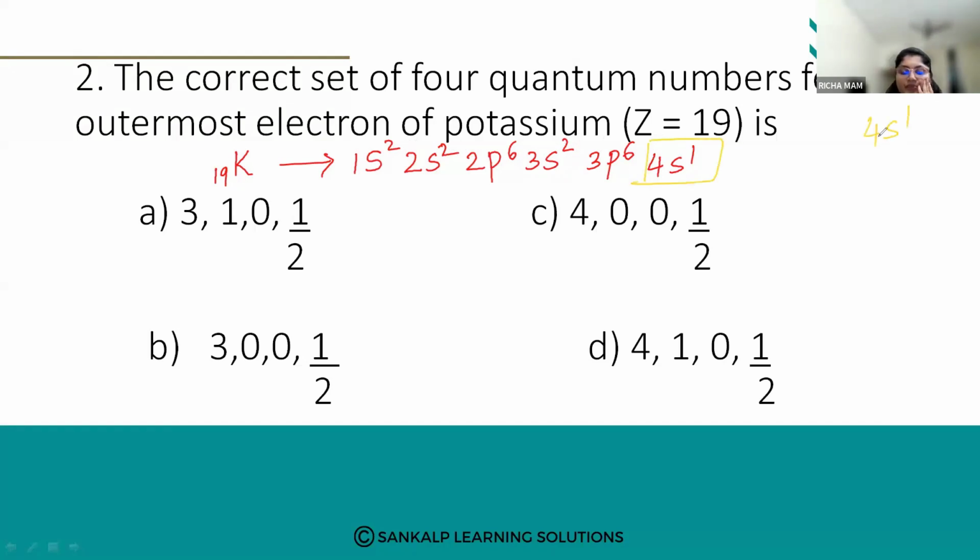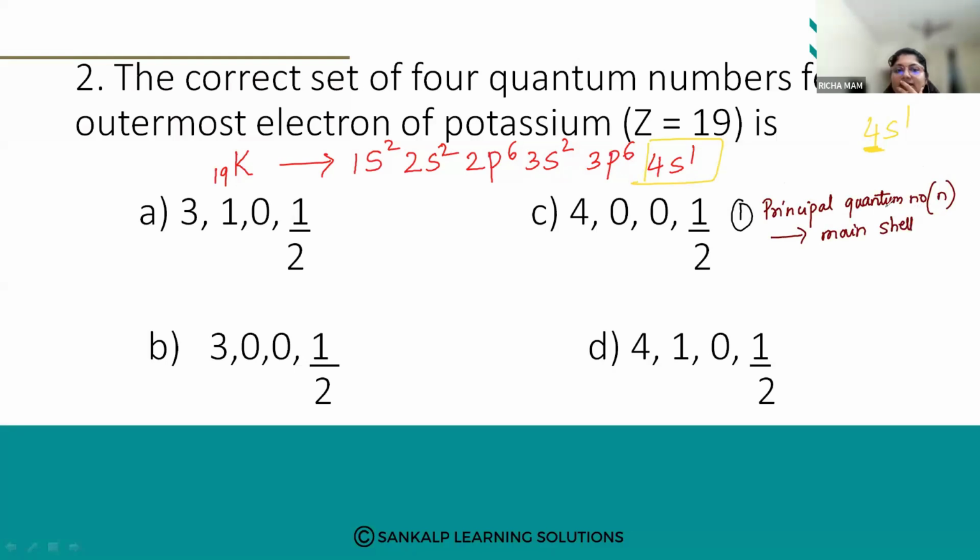Now, what does 4 represent? 4 represents the shell. Which are the 4 quantum numbers? The first one is the principal quantum number, represented by n. It represents the main shell.